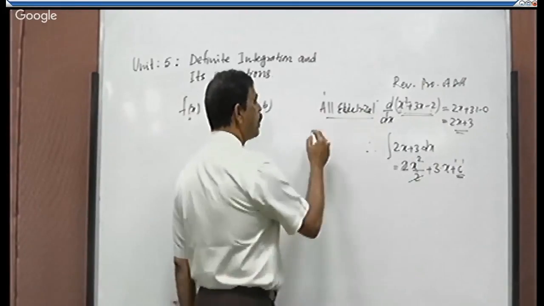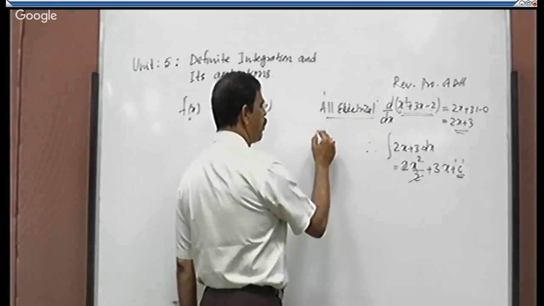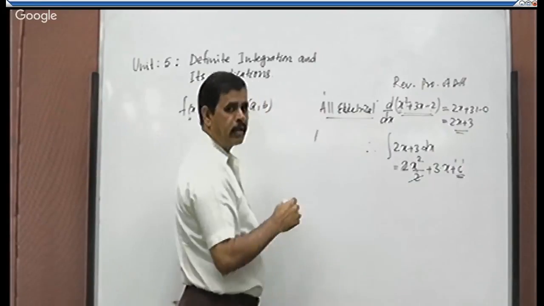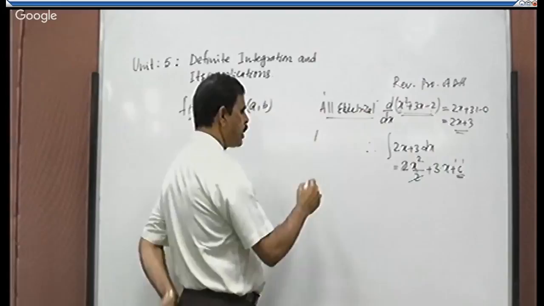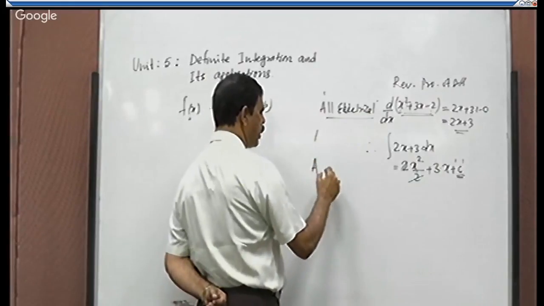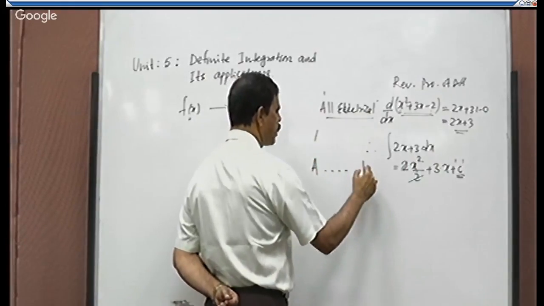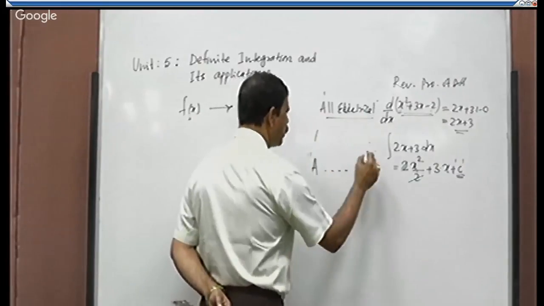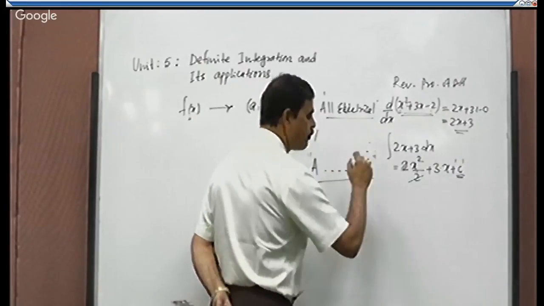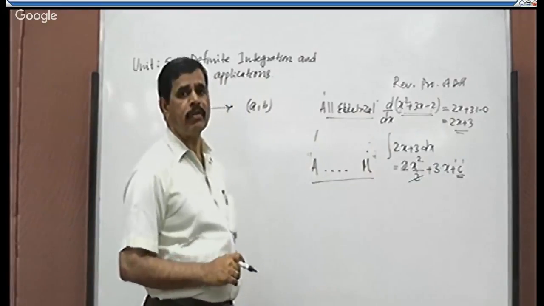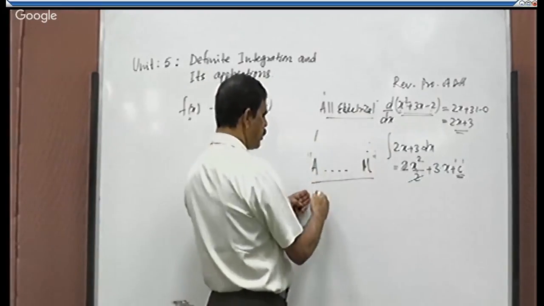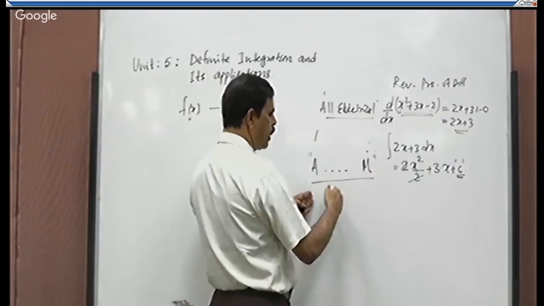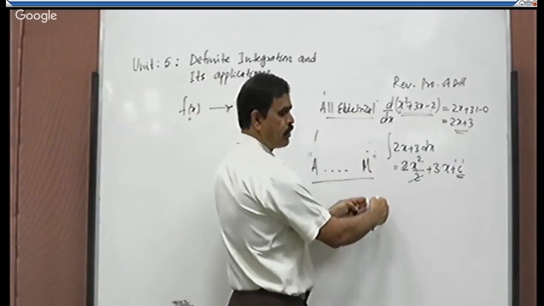Suppose I say gather or integrate the electrical students whose name starts with A till the name starts with M. So I am just assigning the integration between the range.